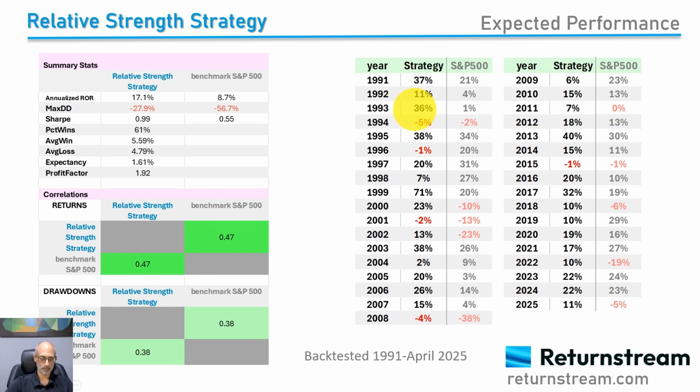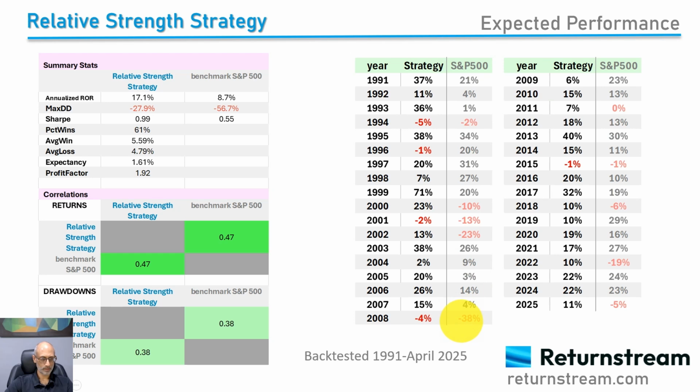And if you look at the returns of the strategy compared to the benchmark S&P on a year-by-year basis, we can see that during, first of all, the dot-com bubble years, the S&P 500 was down 3 consecutive years, negative 10%, negative 13, negative 23, whereas the strategy would have been up 23%, negative 2% in 2001, and in 2002 it was up 13% when the S&P was down 23.